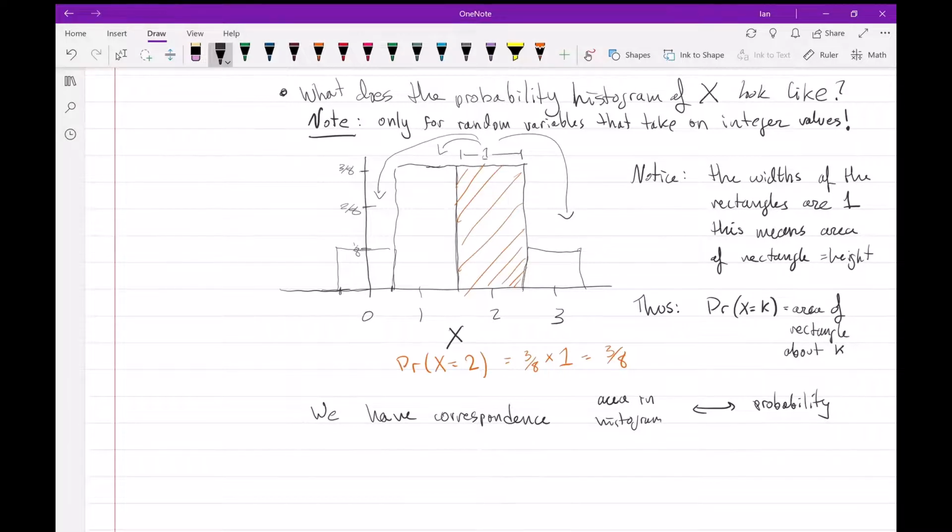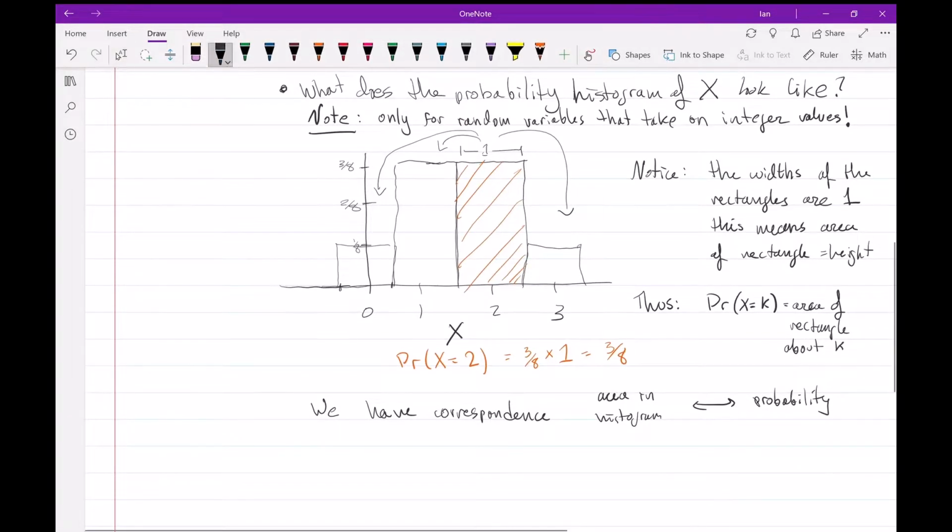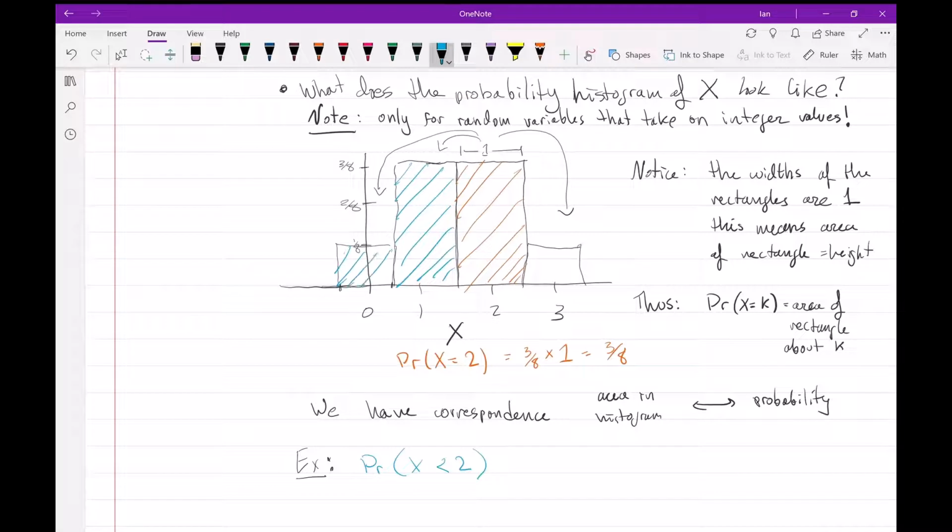So, for example, if we wanted to compute the probability of x less than 2, we would simply sum up the areas for all the rectangles that correspond to values less than 2.